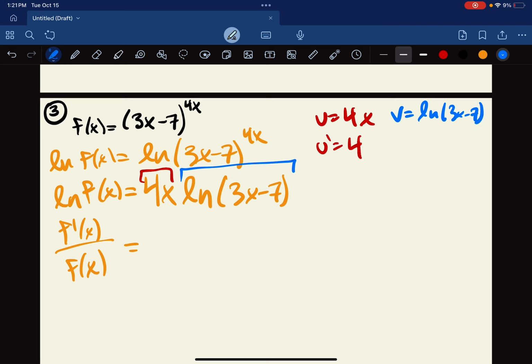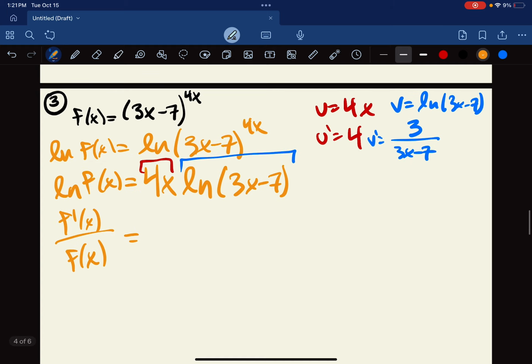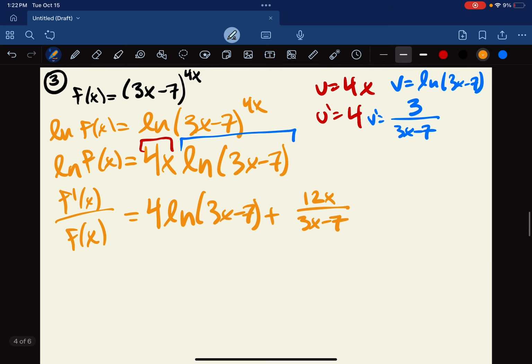And the derivative of ln of 3x minus 7, that 3x minus 7 goes into the denominator, and then the derivative of it goes into the numerator, which is just 3. So then this becomes 4 ln of 3x minus 7 plus 12x divided by 3x minus 7.